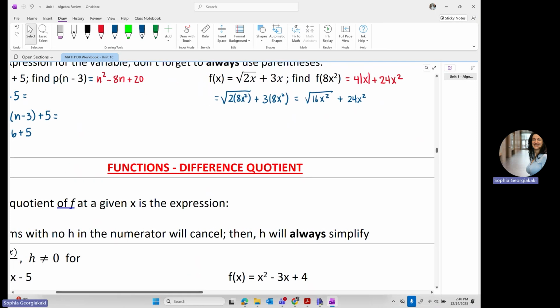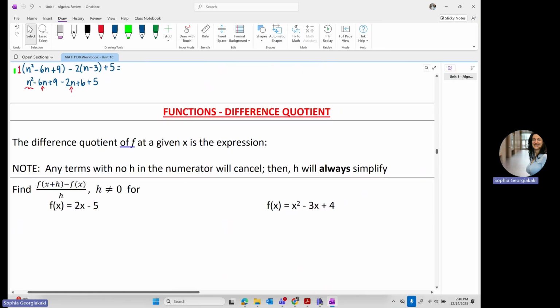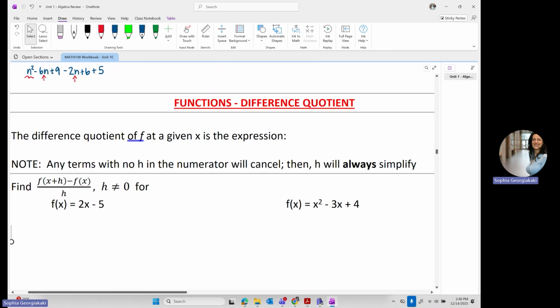One of the very important things about a function is the slope between 2 points. And the slope between 2 points is given by what we call the difference quotient of f at a given x. So when my one x value is x, with f of x, I have a point x with f of x.